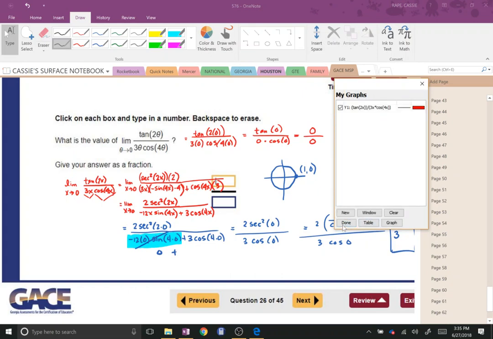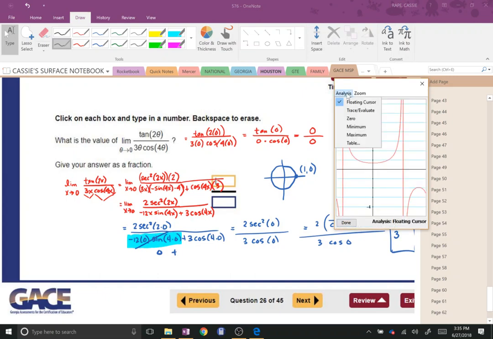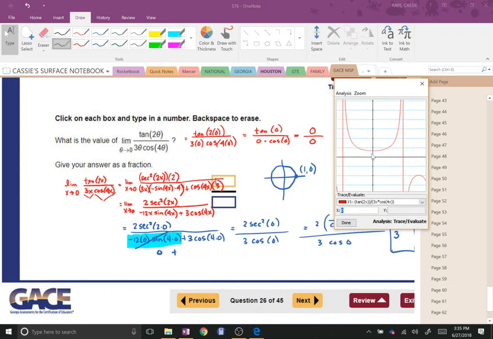Go back to the graph, and if you do analysis, you could trace and evaluate and get super close right there. Can you see that even though I'm not on it, it's 0.666 repeating, or not repeating, but it's starting to repeat. As I get closer and closer, if I change that 2 to a 1 and then check, it's got 4 repeating decimals.